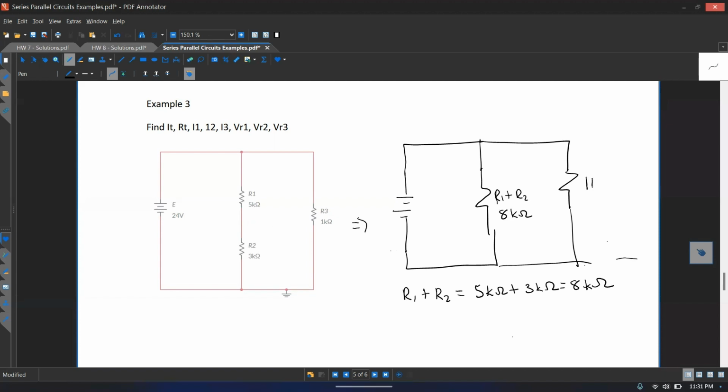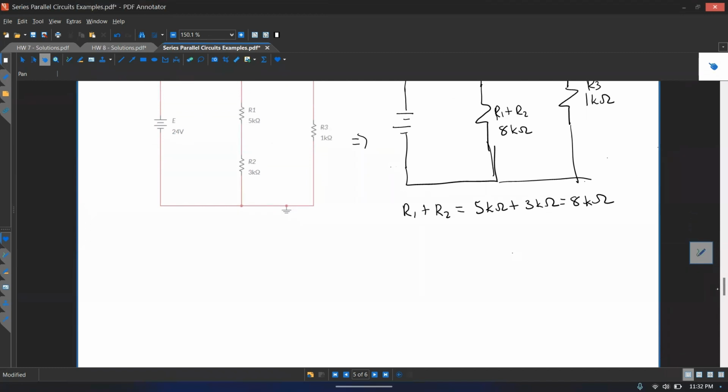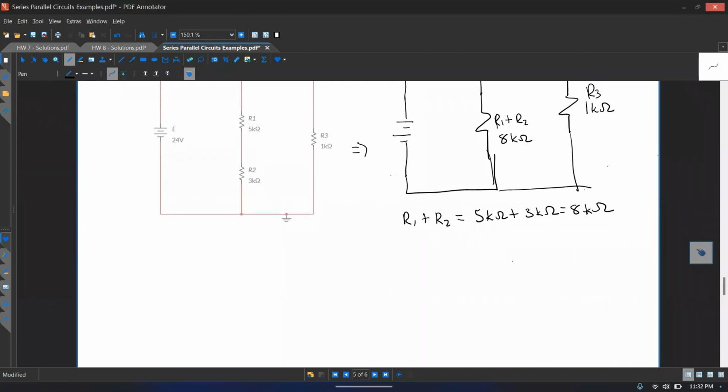And then you have your 1 kilo ohm right there. All right, so the next thing we can do is see that the series combination of R1 and R2 is in parallel with R3. And so therefore we can add those two together in parallel. And we'll have something like this.